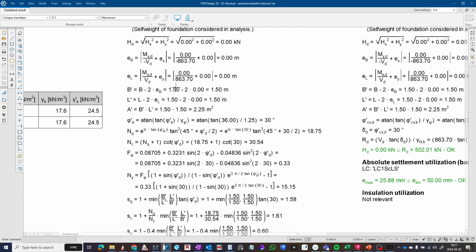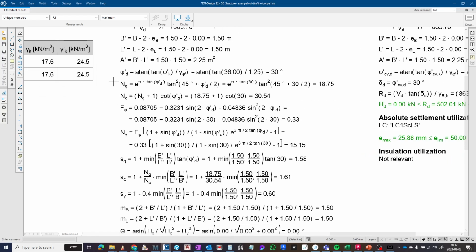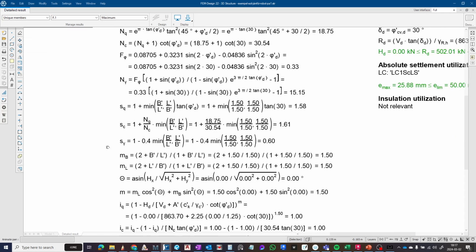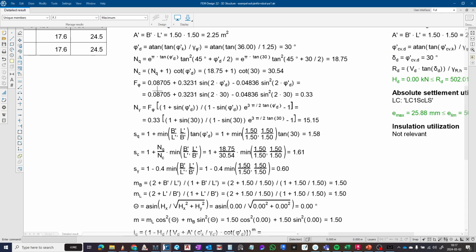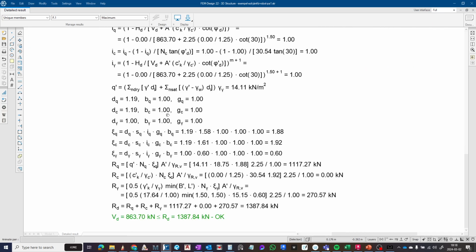So we follow the old approach with the safety factors and soil factors, for the contribution of cohesion, the contribution of the surroundings, and the contribution of the self weight and friction.